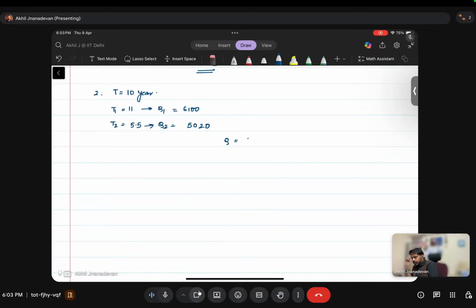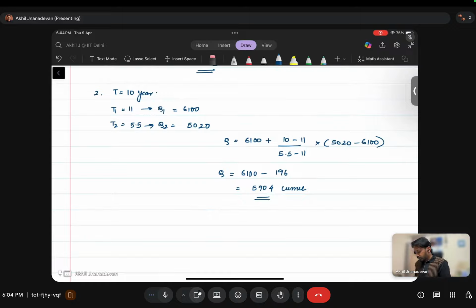So it will be 6100 plus 10 minus 11 by 5.5 minus 11 into 5020 minus 6100. So Q will come out to be 6100 minus 196, that is 5904 cubic.